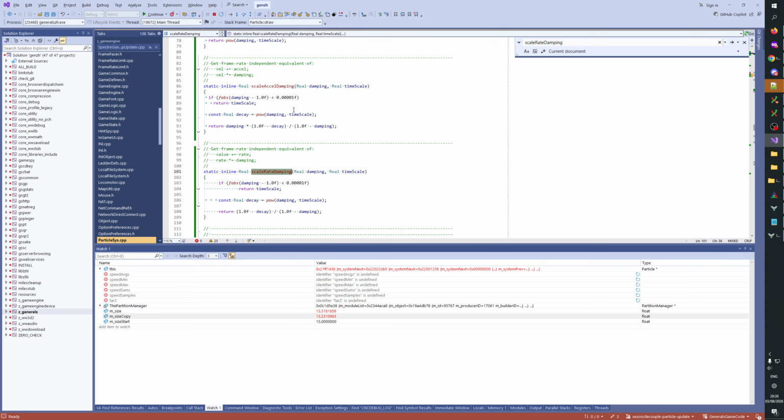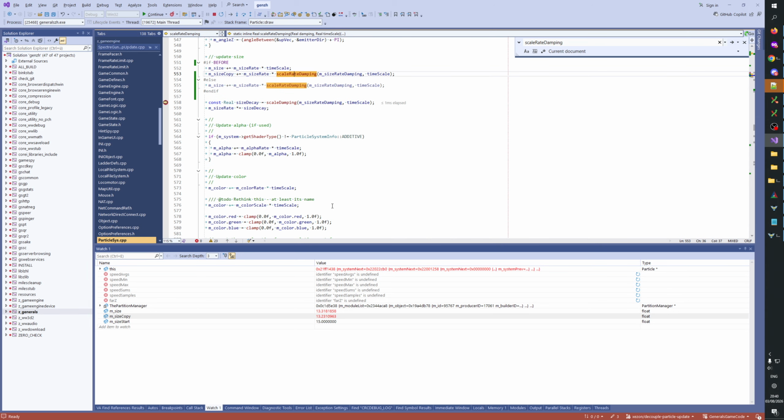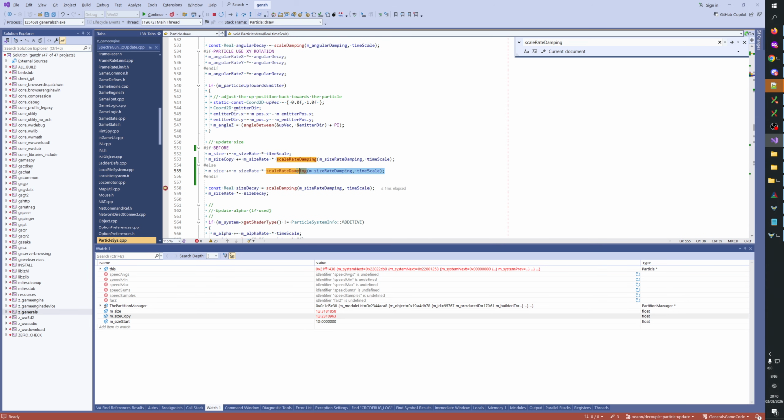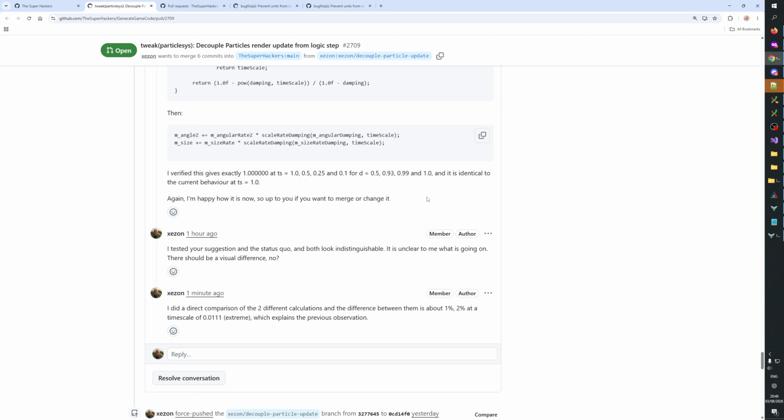Scale rate damping. Time scale decay. It seems unnecessary. Seems like unnecessary complication of the mirror.